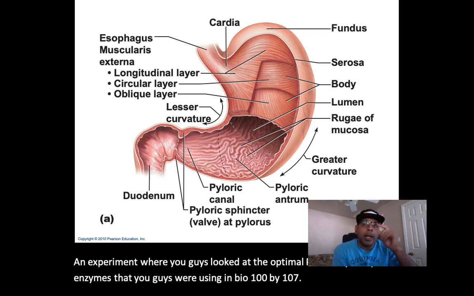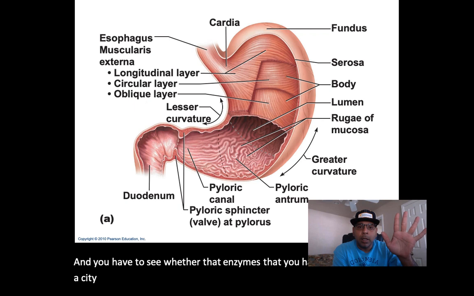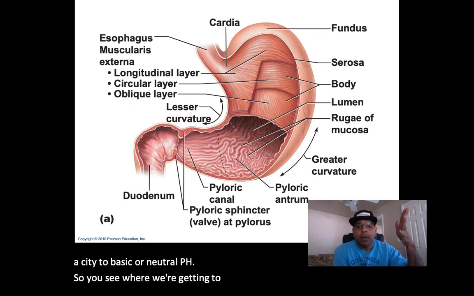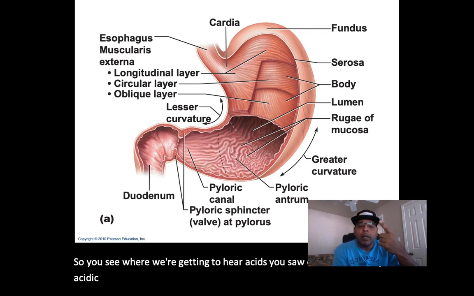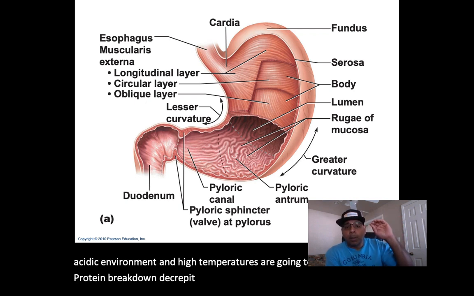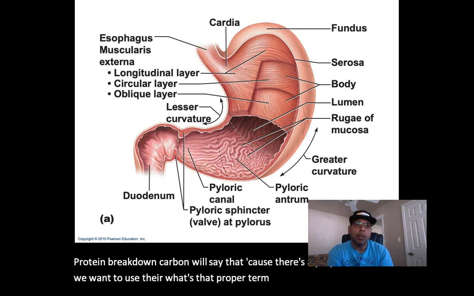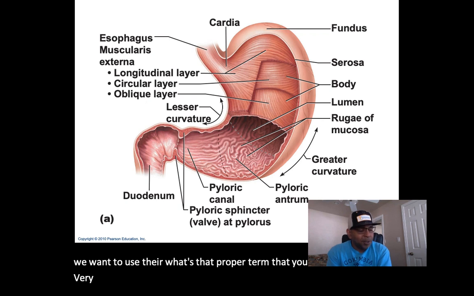You had to see whether that enzyme worked better in an acidic, a basic, or a neutral pH. So you see where we're getting to here? Acids. You saw that extreme acidic environments and high temperatures are going to cause protein breakdown to occur. But don't say that, because there's a proper term that we want to use there. What's that proper term? Very good, I knew you knew it.